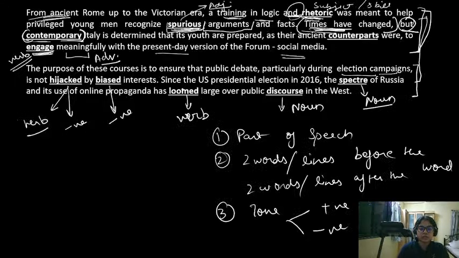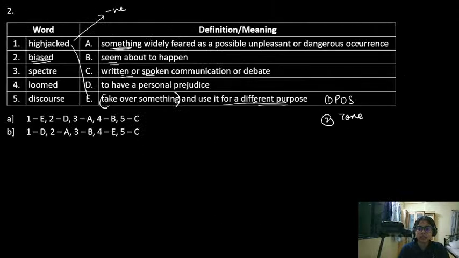So the next word was biased interest. According to this second word, this one makes no sense. Statement A has no relation to the word interest. So A cannot be the answer at all. The answer therefore has to be D, to have a personal prejudice, to have such particular interest where you are only looking for the things that you are prejudiced against or prejudiced for.